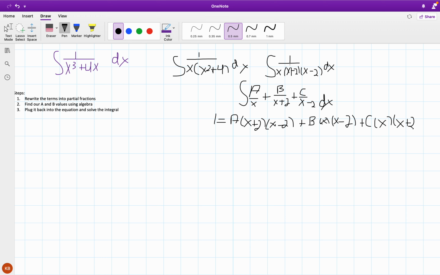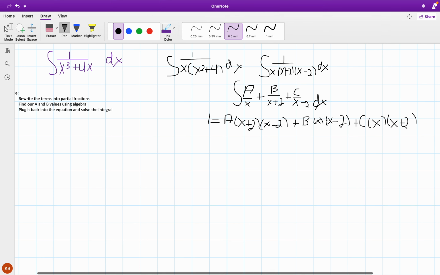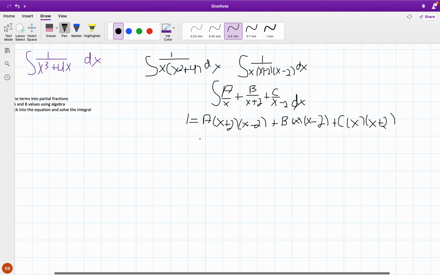And now we're going to pick and choose our x values so that some of these variables cancel out. So we're going to let x equal 0. One will equal A times 0 plus 2, which is 2, times 0 minus 2, which is negative 2.